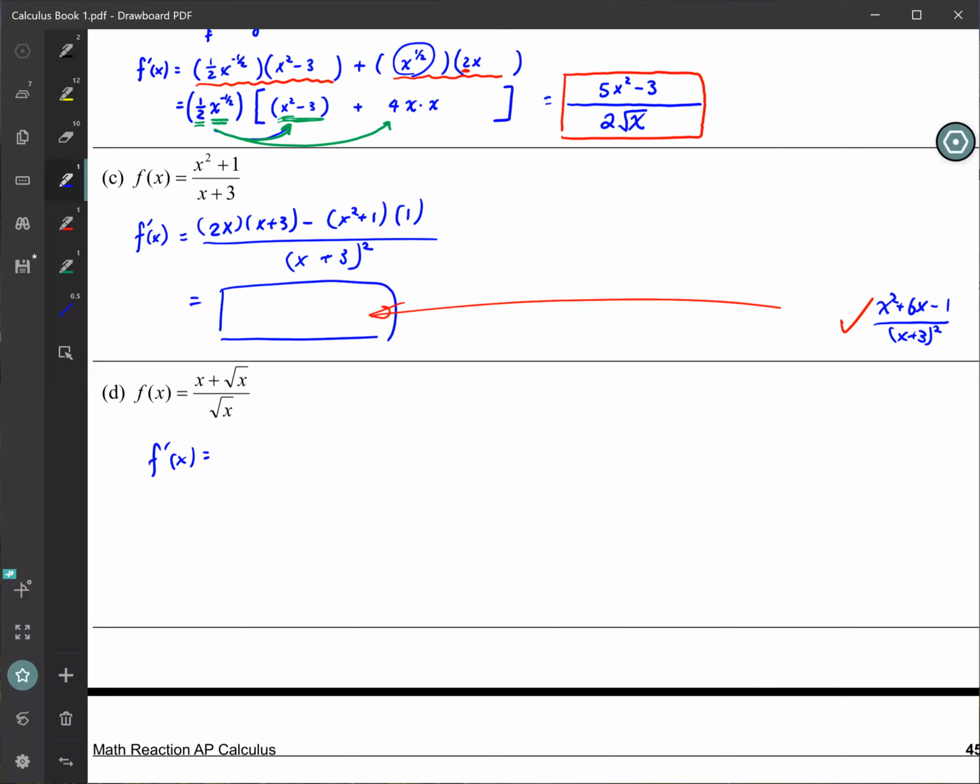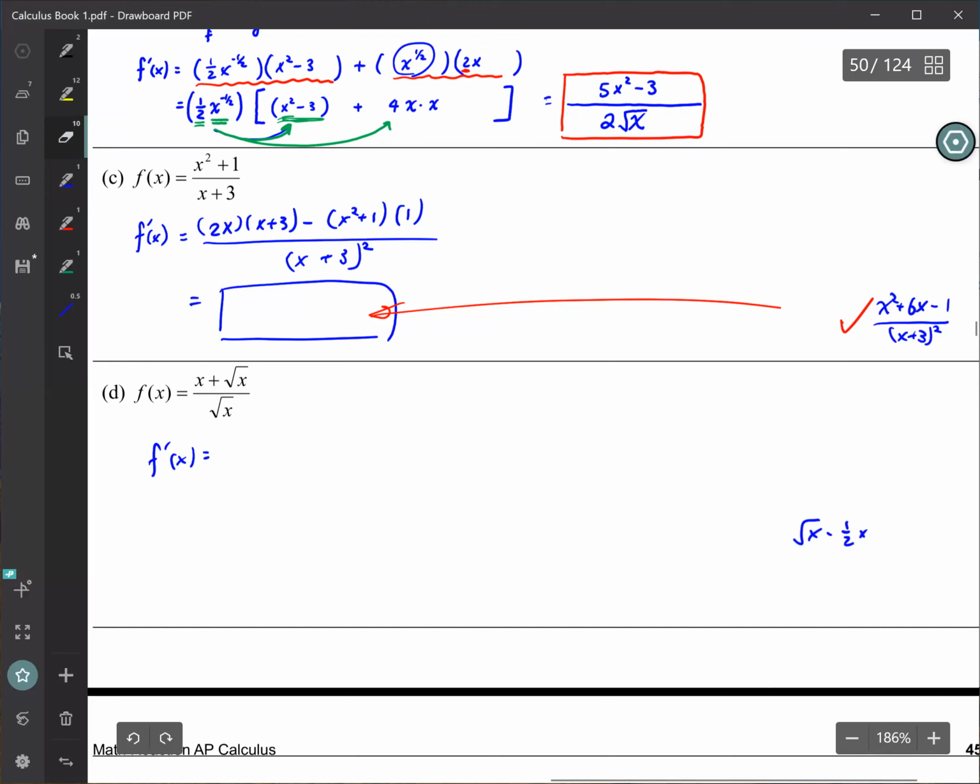Okay, Jeffy, what does your answer look like? Root x minus half root x, all over root x. And then it's minus half root x.